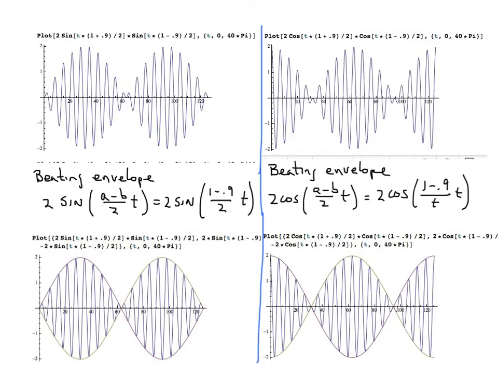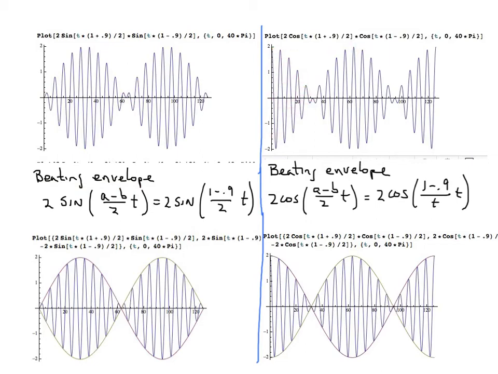Finally, to reinforce what we're referring to as the beating function, I'm going to refer to something as beating envelope. Here, again, up above, I've used the product of the sine functions to represent our difference of cosines. And here I'm using the product of cosine functions to represent the sum of the cosines.